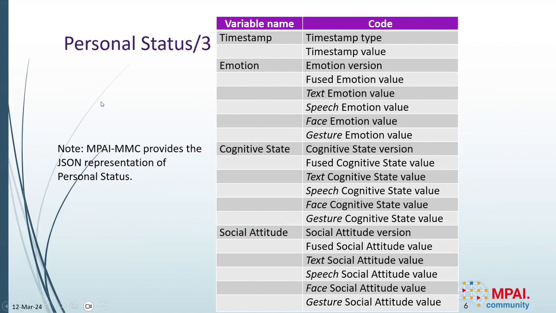So here is just a summary of what I've just told you. The emotion, cognitive state, and social attitudes break down into the codes that describe them.